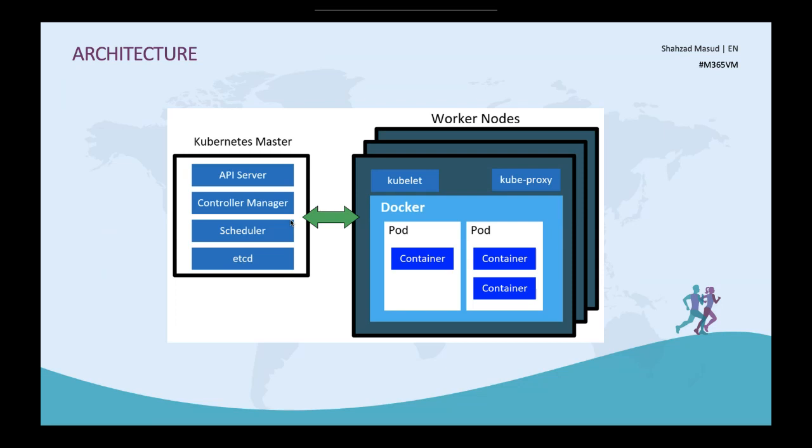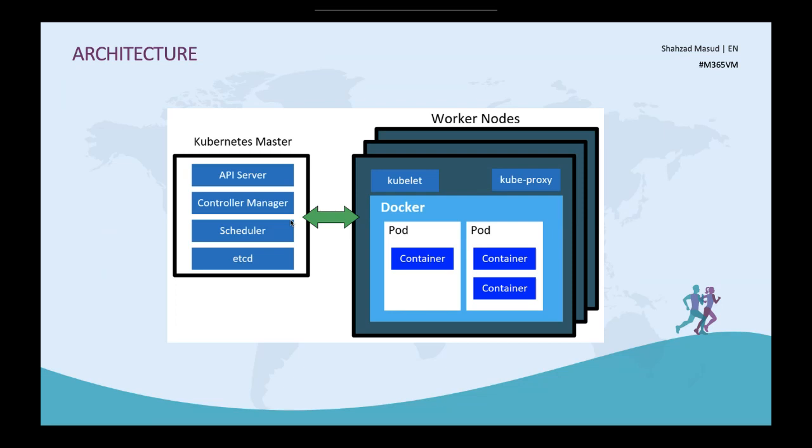So let's go a bit deep dive into the architecture of Kubernetes, how that works. Kubernetes actually has two things. One is the master, and the second one is the worker. The master is called the master or controller nodes, and the rest of the things are called worker nodes. We can also name the worker nodes as pods.